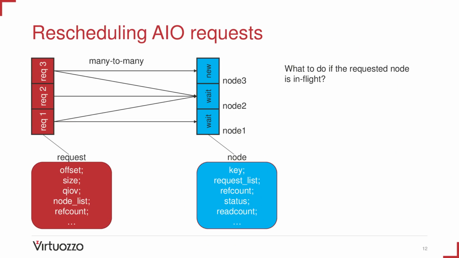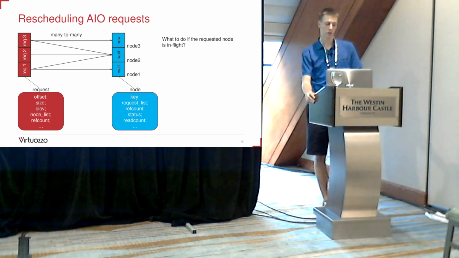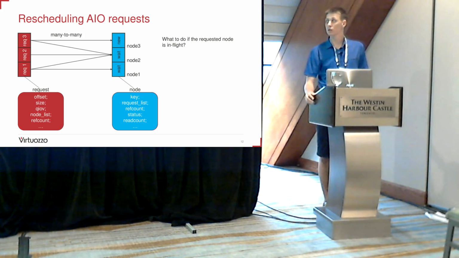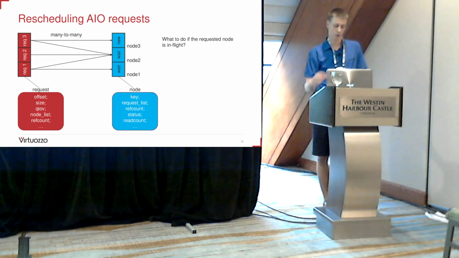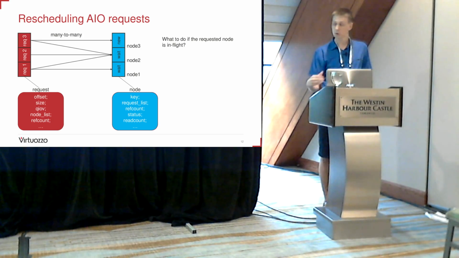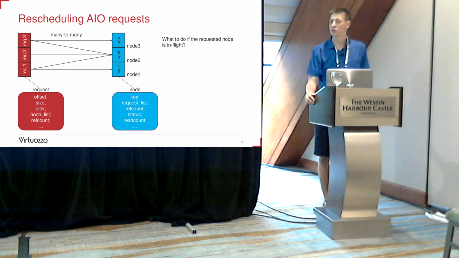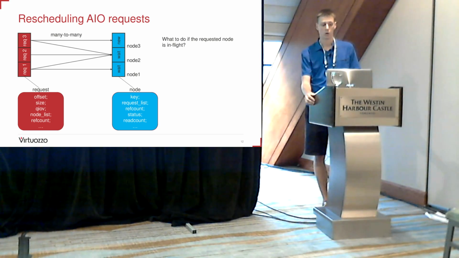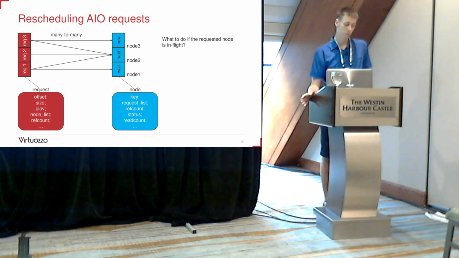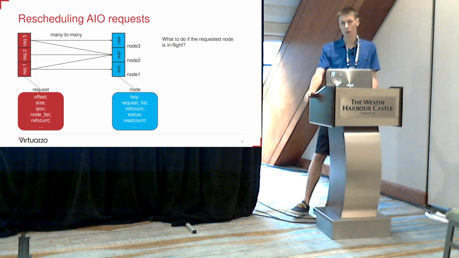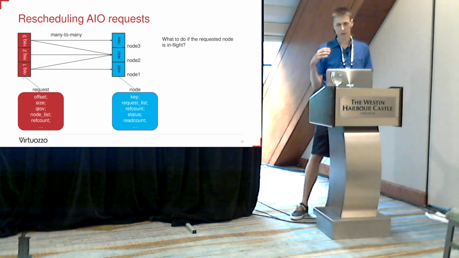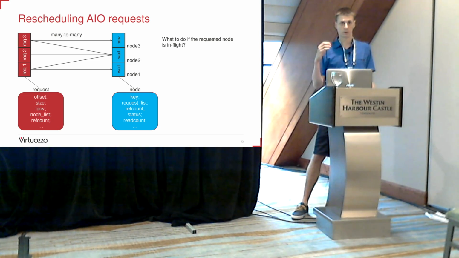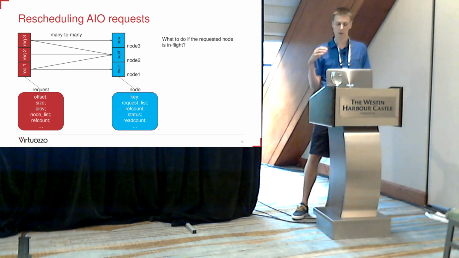One of the main points of the Pcache implementation is the organization of request completion. Requests can come much faster than I execute them, but what to do if the requested node is in flight? Of course, to wait, but then a situation can happen where for a request's completion we need to wait for the completion of two or three other requests.